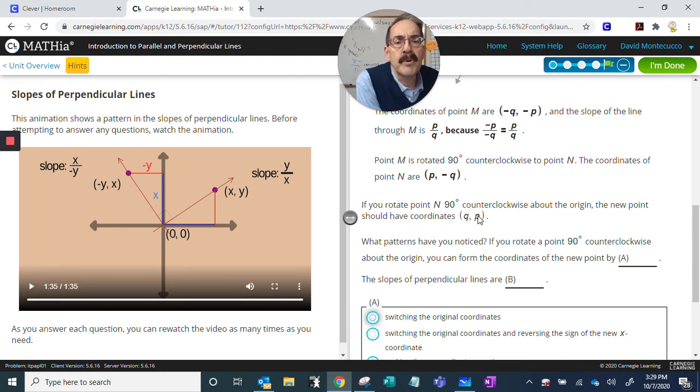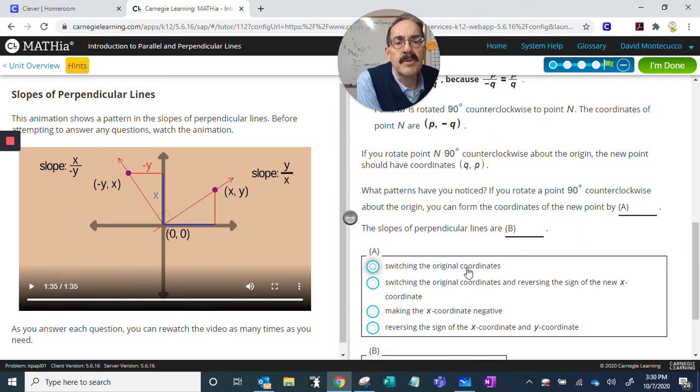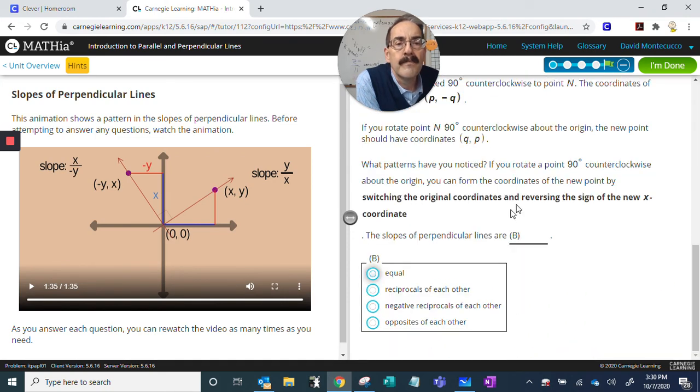What patterns do you notice if you rotate a point 90 degrees clockwise? Switch the original coordinates, and reverse the sign on the new X. Each time we reverse the sign.